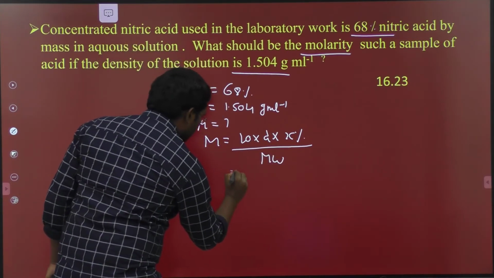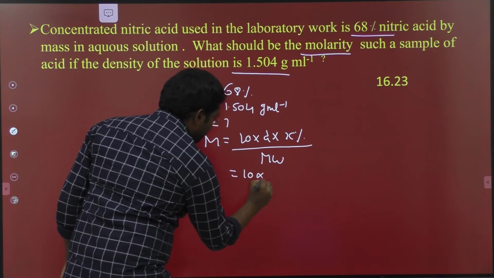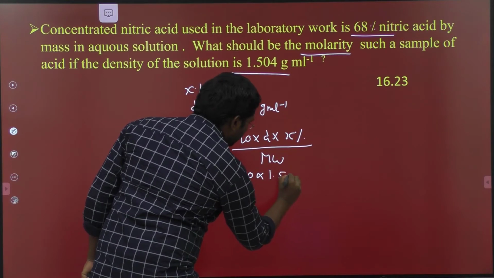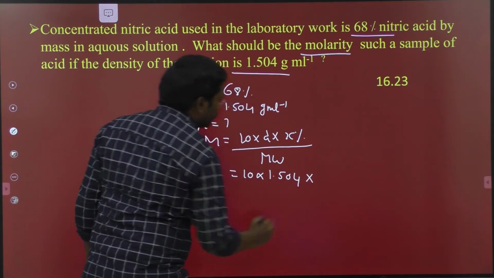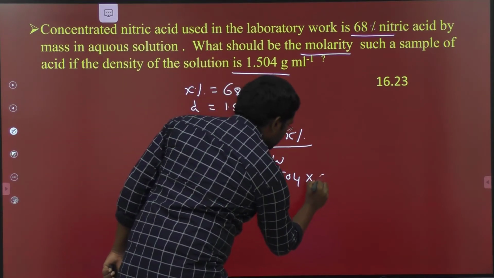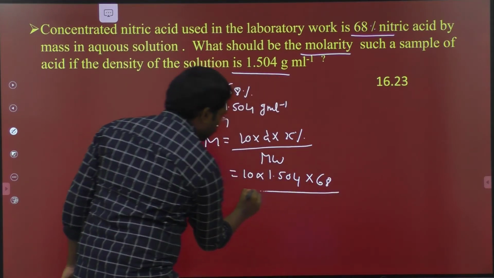So what is the density value? Density value is given 1.504 into x percentage means 68%, 68 by molecular weight.